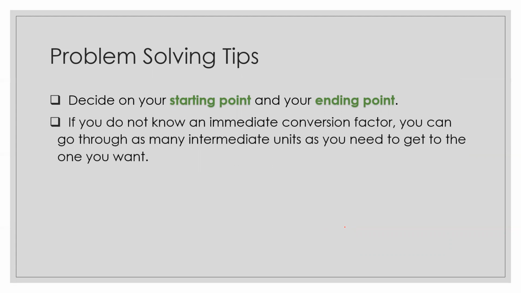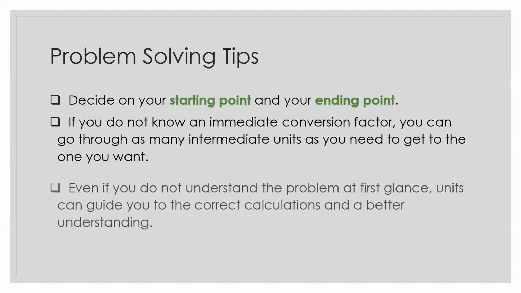And then if you do not know immediate conversion factors to get from the beginning to the end, like the first example that you just saw, when we were changing pounds to ounces, that's a direct conversion. But if you don't know immediately the conversion factor, you can go through as many intermediate units as you need to get to what you want. So don't worry about how long it's going to take. Let the unit guide you.